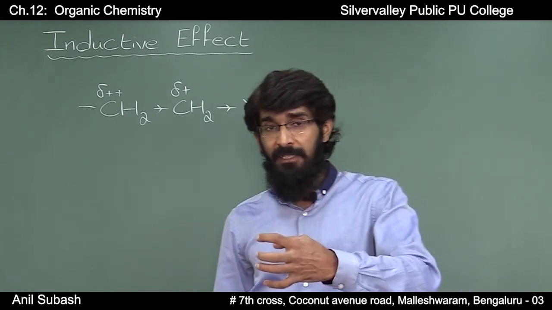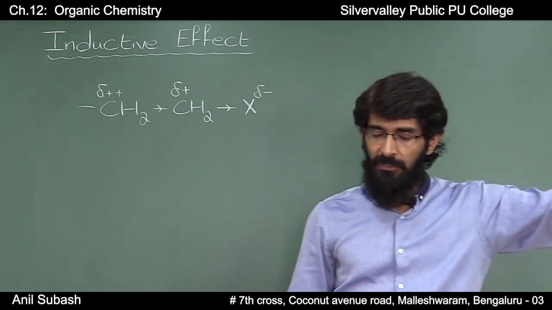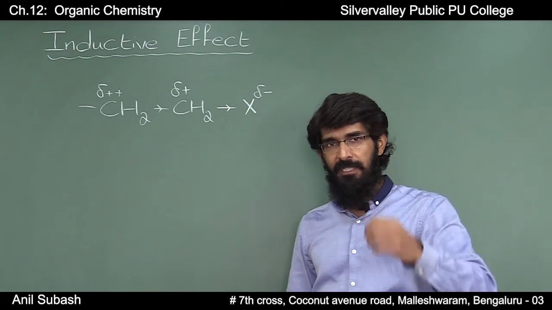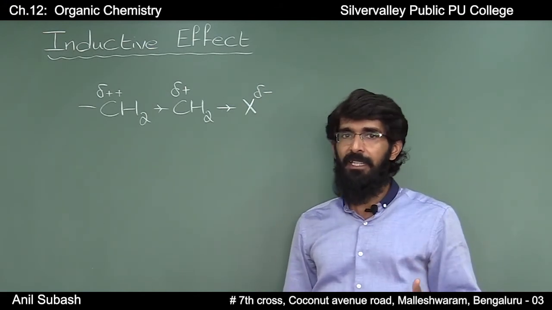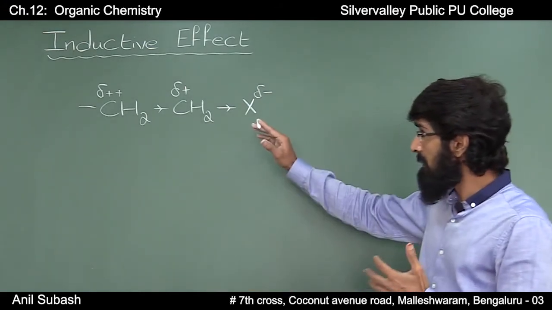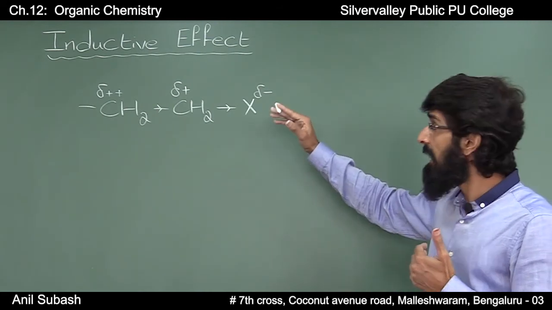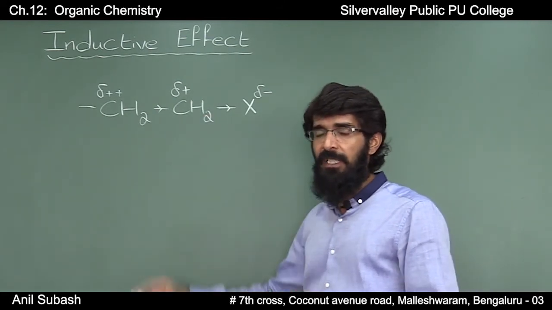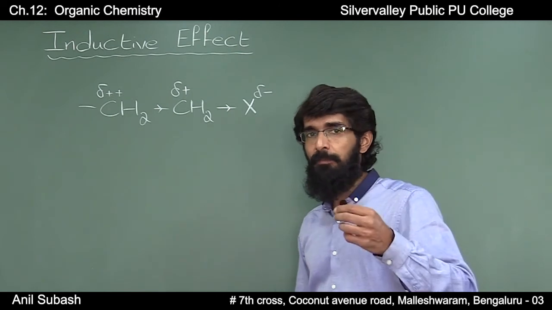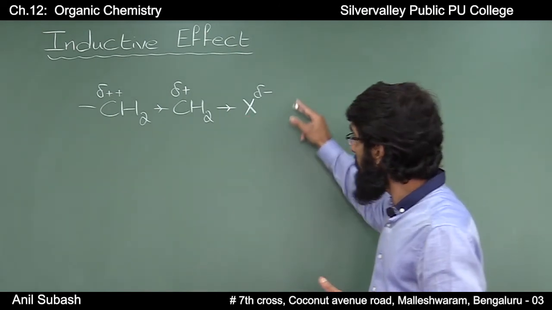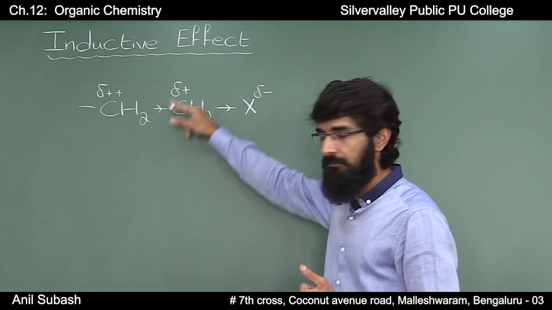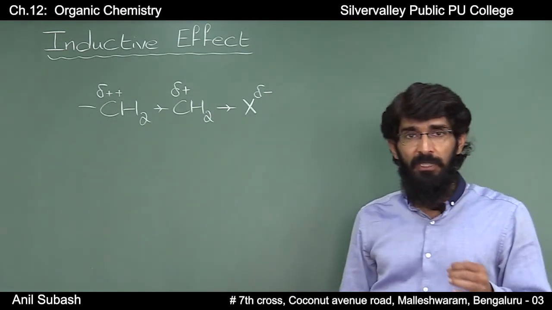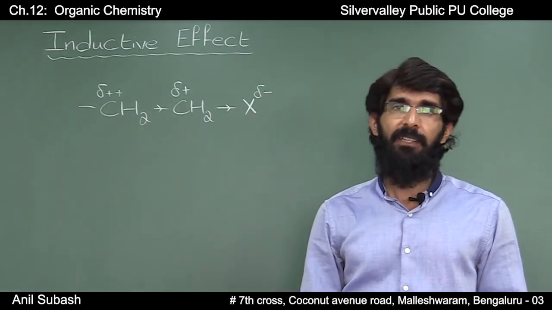That is, as the chain length grows, the polarity developed goes on decreasing, and this type of polarity induced in the carbon-carbon sigma bond due to the presence of a polar sigma bond is known as the inductive effect.